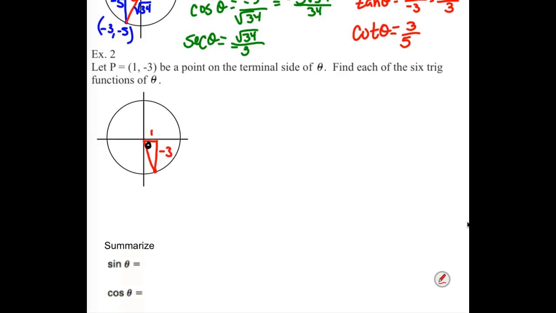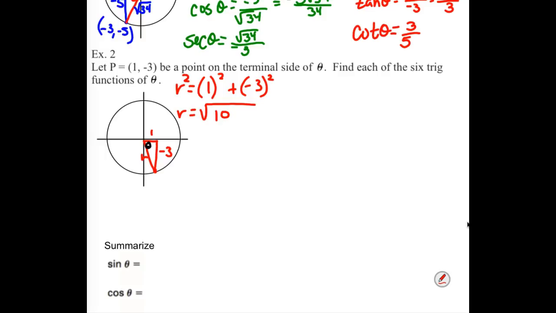In this picture, our hypotenuse is really just the radius of that circle. So I'll label that R. R squared is the 2 sides squared added together. So we end up with the square root of 1 plus 9, or 10. So our radius would be the square root of 10.